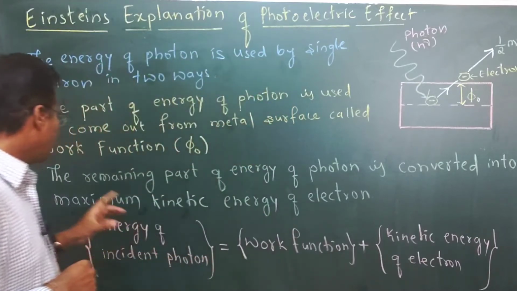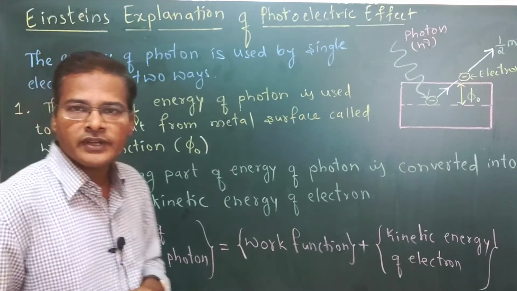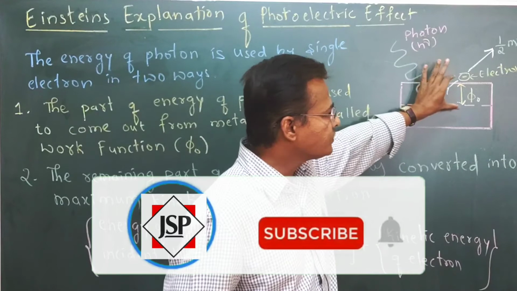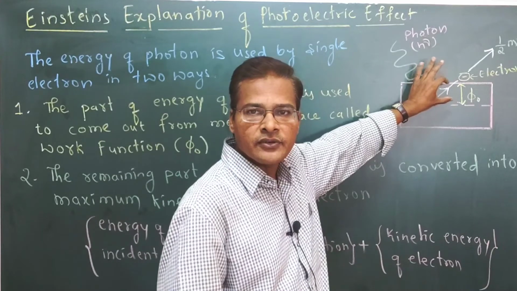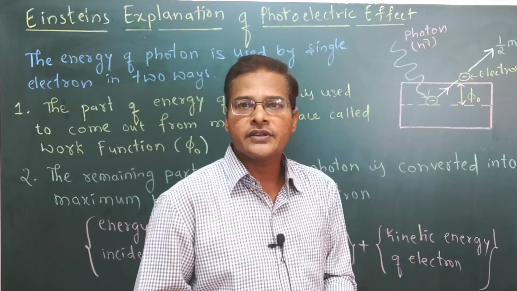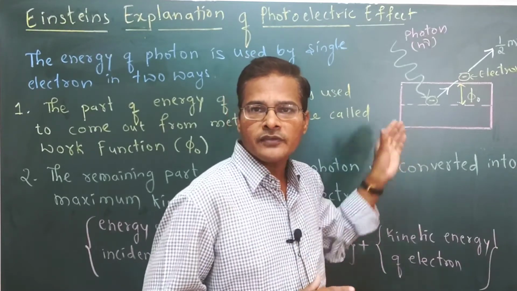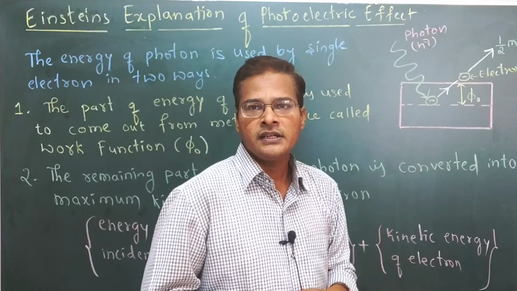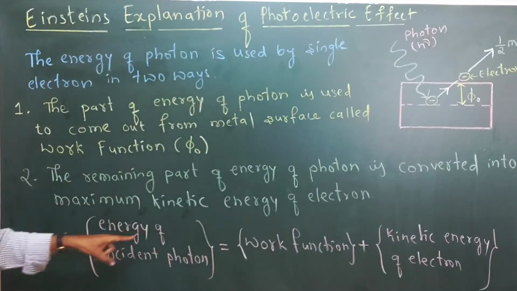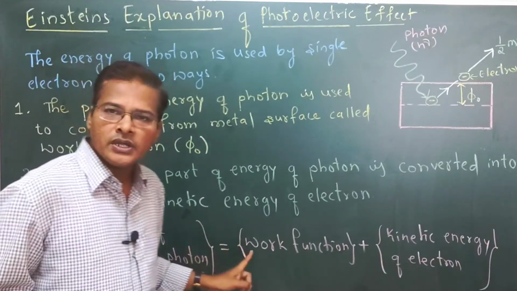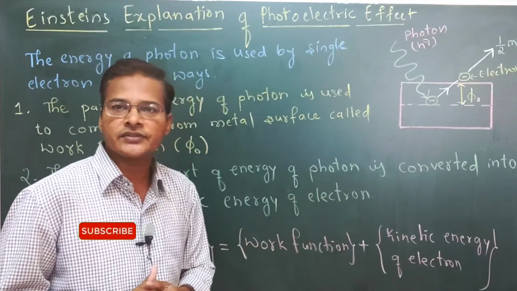Next, the remaining part of the energy of the photon is converted into the maximum kinetic energy of the electron. Whatever energy remains after the work function is utilized for the kinetic energy of that electron. So he divided it into two parts, one for the work function and one for the kinetic energy. The total energy of the incident photon equals the work function plus the kinetic energy of the electron.